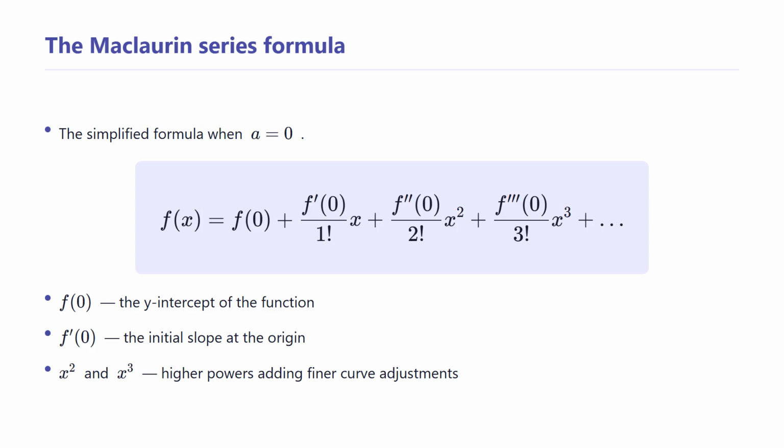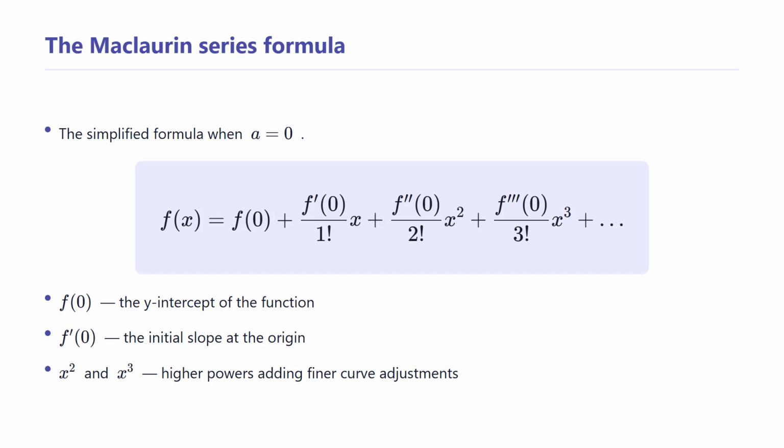Applying this 0 center point, here is the Maclaurin series formula. Notice how much cleaner this looks. Because a equals 0, the distance term just becomes x. This formula tells us that if we know the value of a function and all its derivatives at the origin, we can build a polynomial that mimics the function everywhere. The first term, f of 0, is simply the y-intercept.